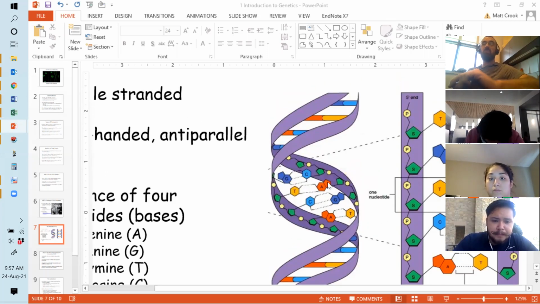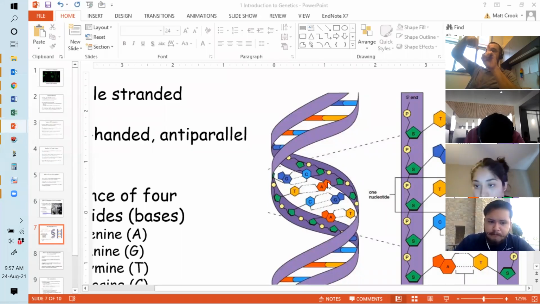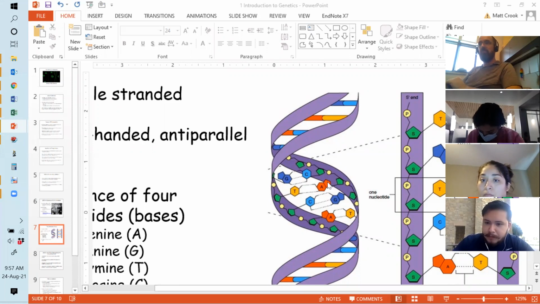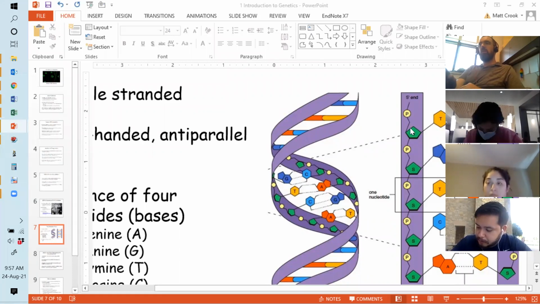Another thing which is really, really important, and we'll come back to this a bunch in the future, is DNA is not parallel. It's anti-parallel. So you have one strand going in one direction, and the opposite or paired strand goes in the opposite direction. You can see that here you have a 5' end, and we'll get to what that means in a while.